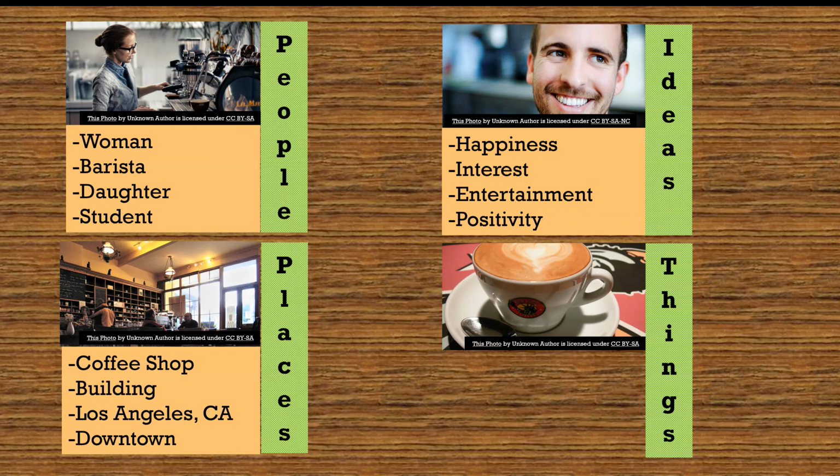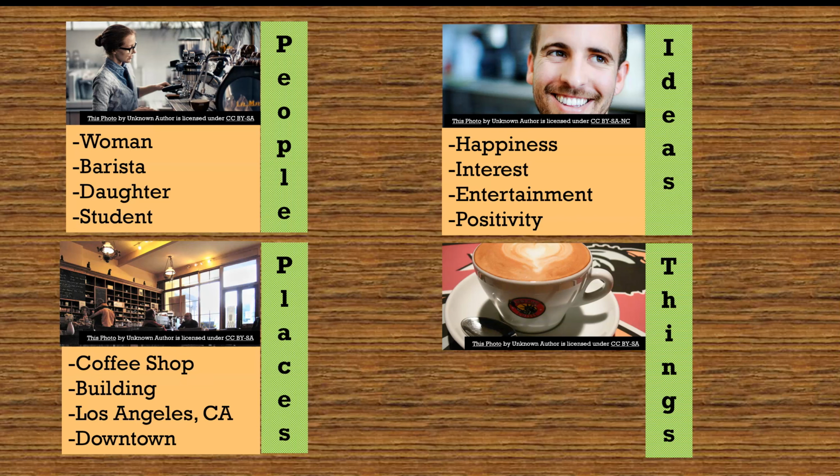I do have a video about adjectives if you want to practice those words. But adjectives describe, and happiness is not describing, it's just telling you about something. So happiness, entertainment, positivity, they're all nouns. They're kind of like a thing, but you can't see it, so it's an idea.